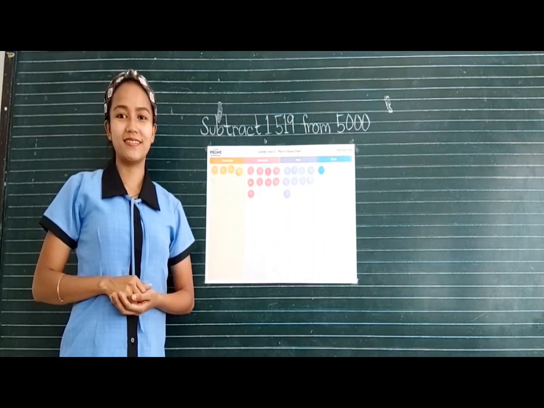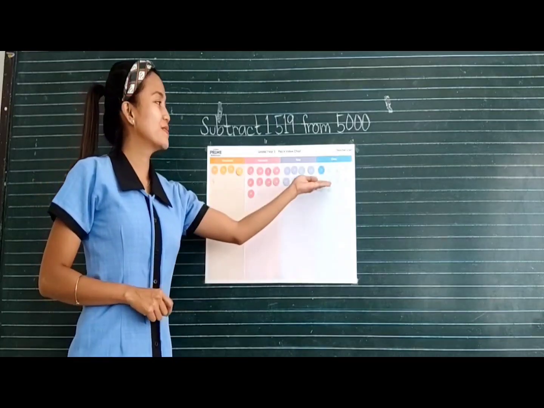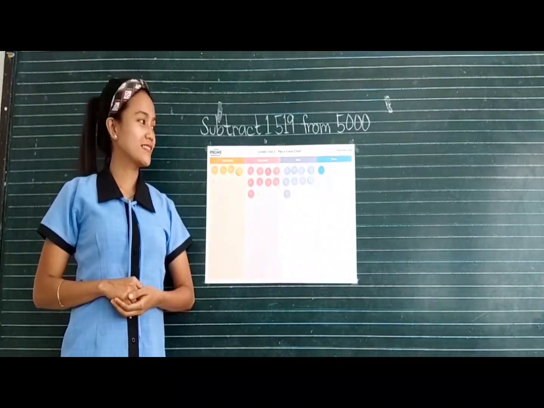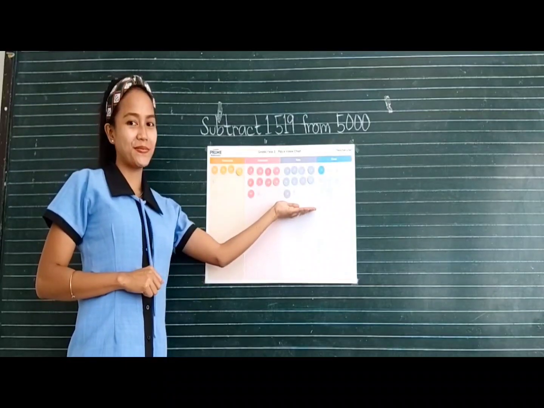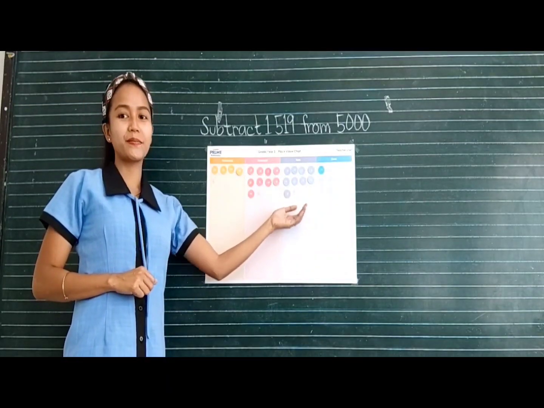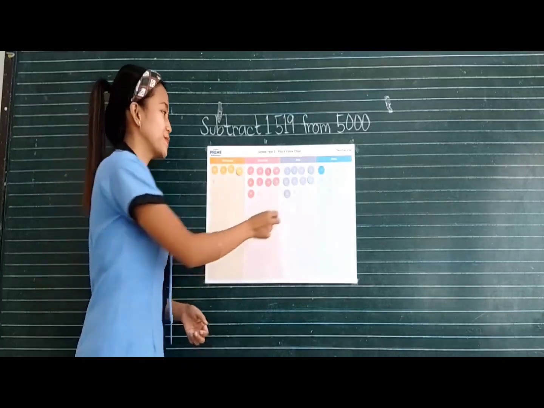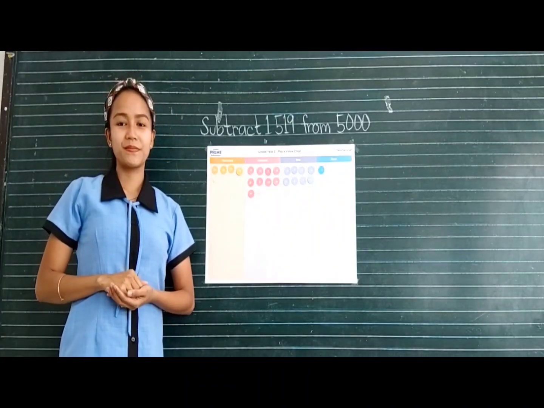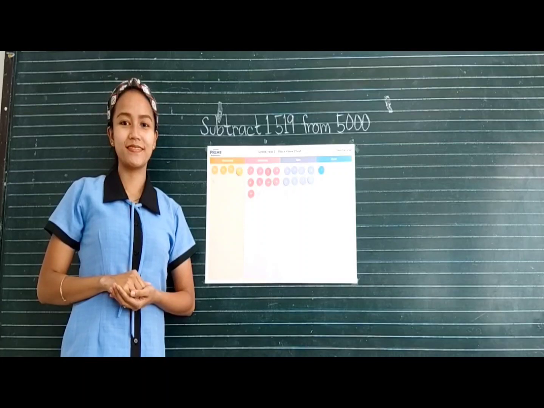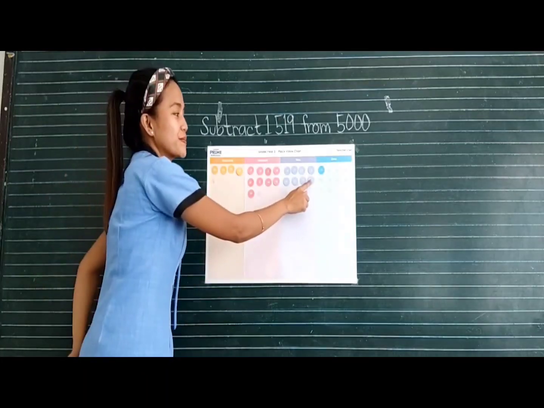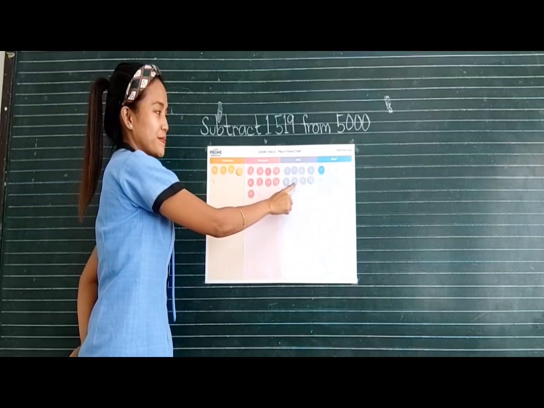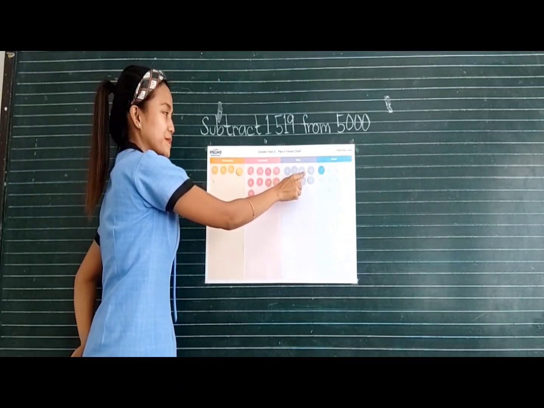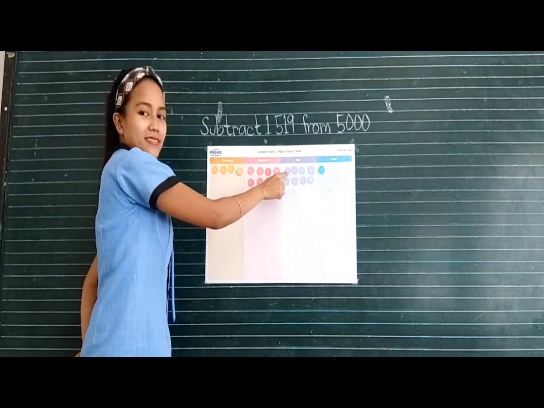There is only 1 left. Now, look at the tens column. Remove 1 counter from 9 counters. So 1. How many counters are left? Let's count. 1, 2, 3, 4, 5, 6, 7, 8.